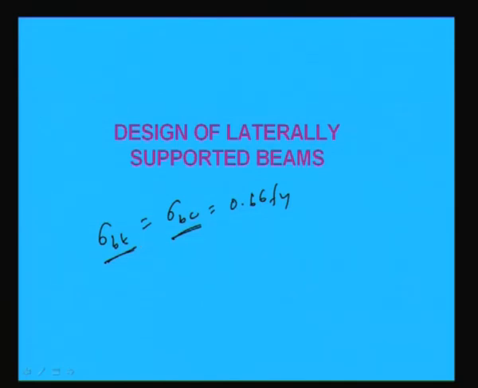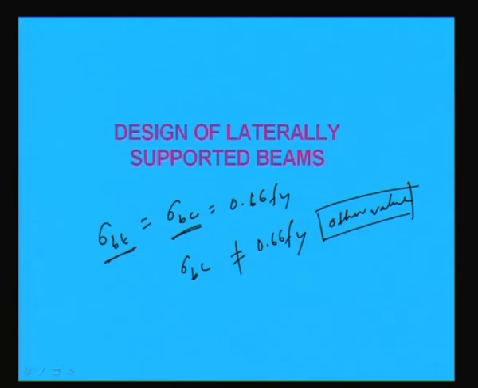Whereas, in case of laterally unsupported beam, what will happen? This sigma Bc will not be 0.66 Fy, it will have some other value, which we will discuss in the next class, not today, on how to calculate.